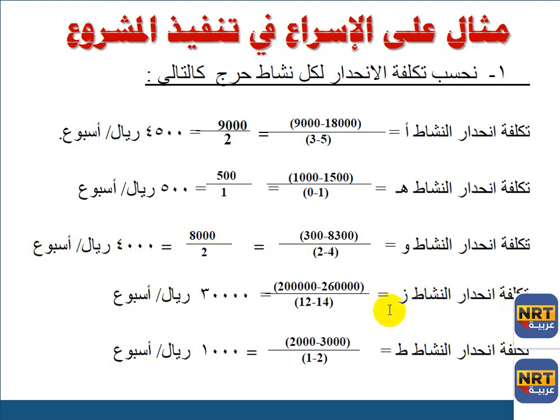Activity Zai: 260,000 minus 200,000 equals 60,000, which is 30,000 riyal per week. Activity Ta: 3,000 minus 2,000 equals 1,000 riyal per week.